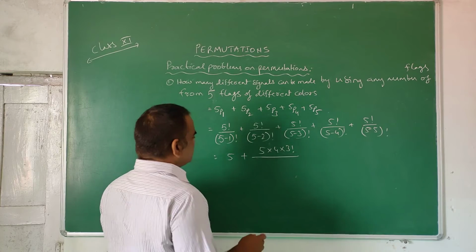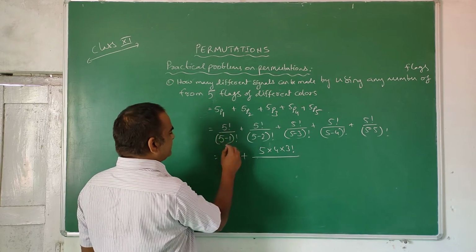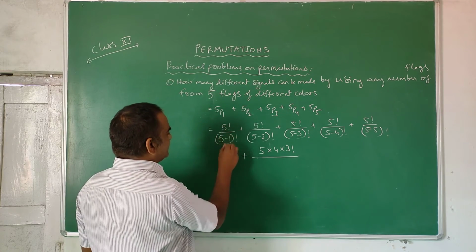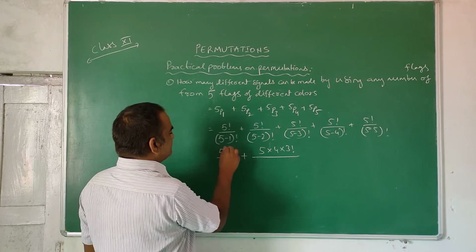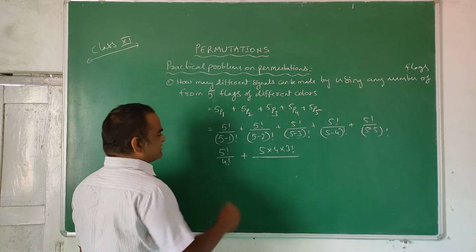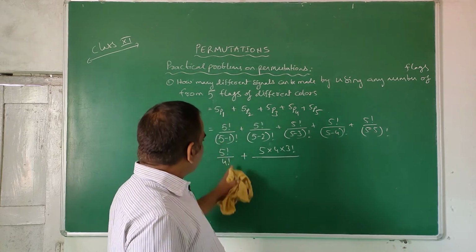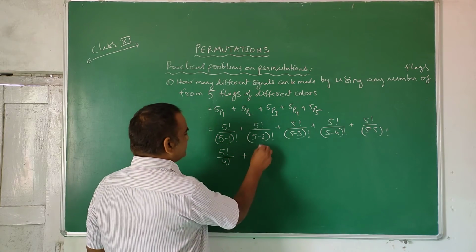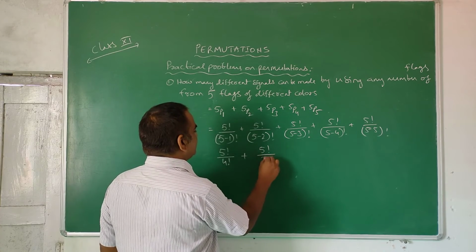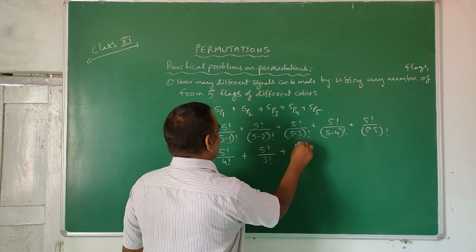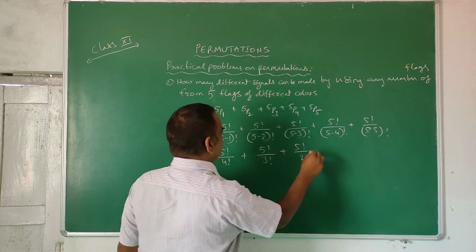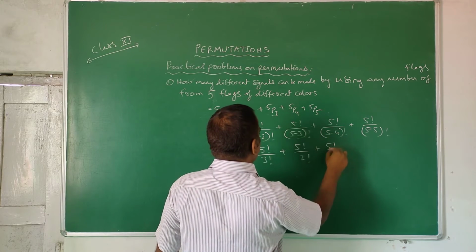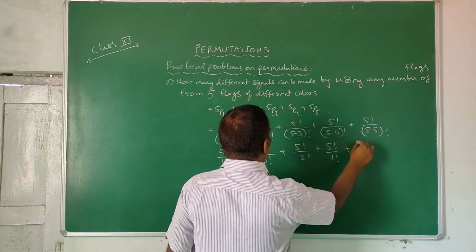Are you following? See here, I will explain clearly. This is 5 factorial by 4 factorial, or else you take one step at a time to have a clear understanding. 5 factorial by 4 factorial, 5 factorial by 3 factorial, 5 factorial by 2 factorial, 5 factorial by 1 factorial, 5 factorial by 0 factorial.